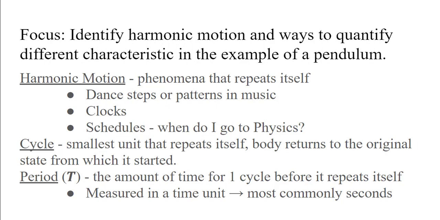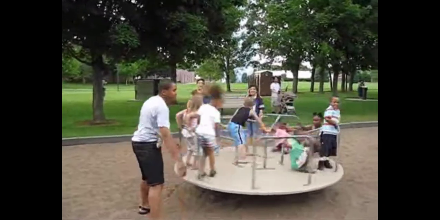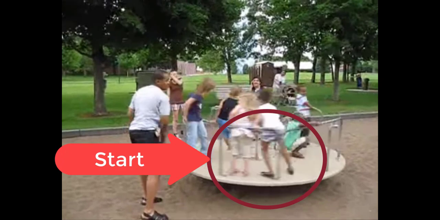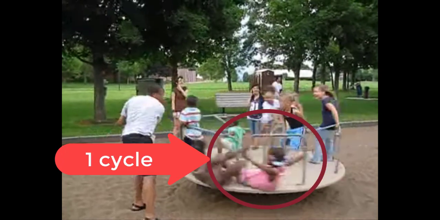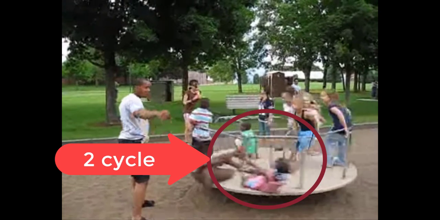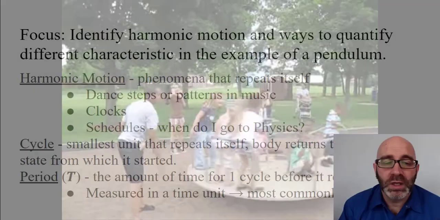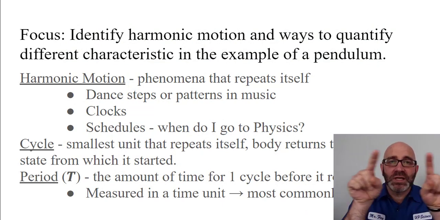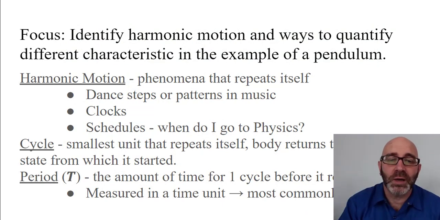A cycle. This is the smallest unit that actually ends up repeating itself. The thing returns back to the original state from where it starts. The period is represented with this T with a J on the top of it.